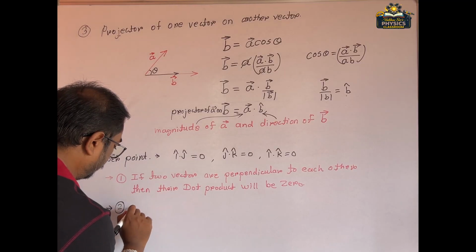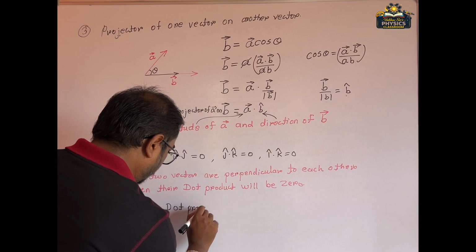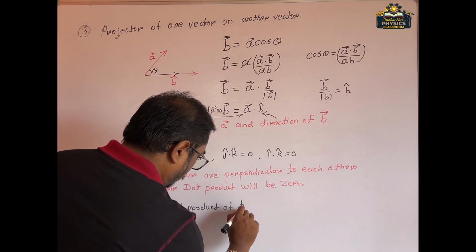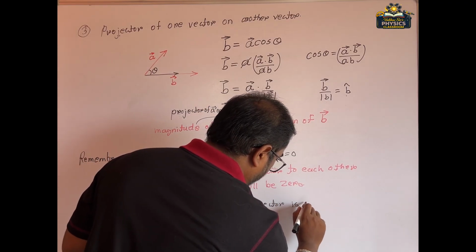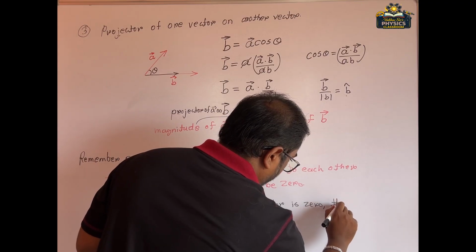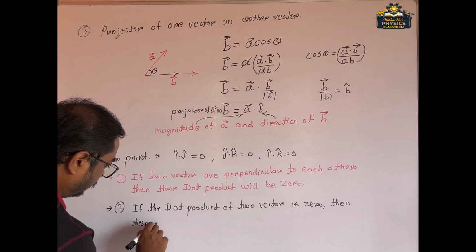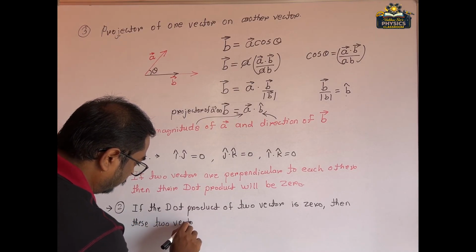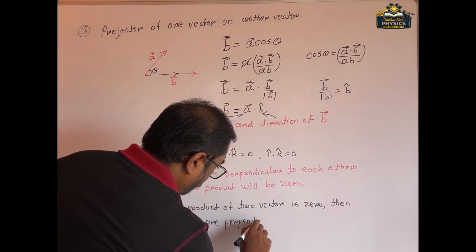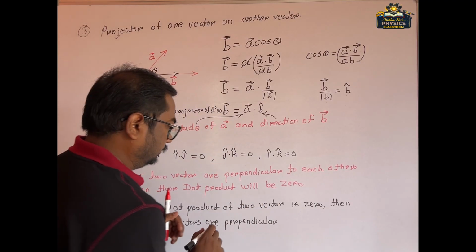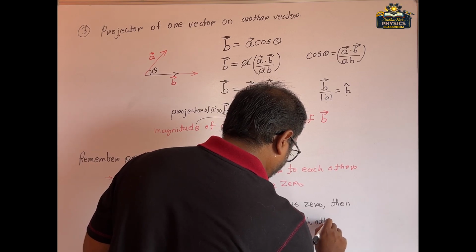And the second point is just the reverse of this. If the dot product of two vectors is 0, then these two vectors are perpendicular to each other.